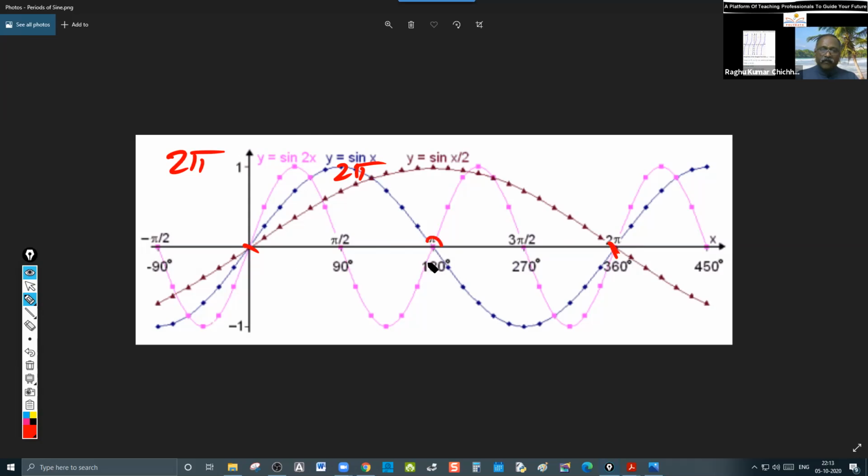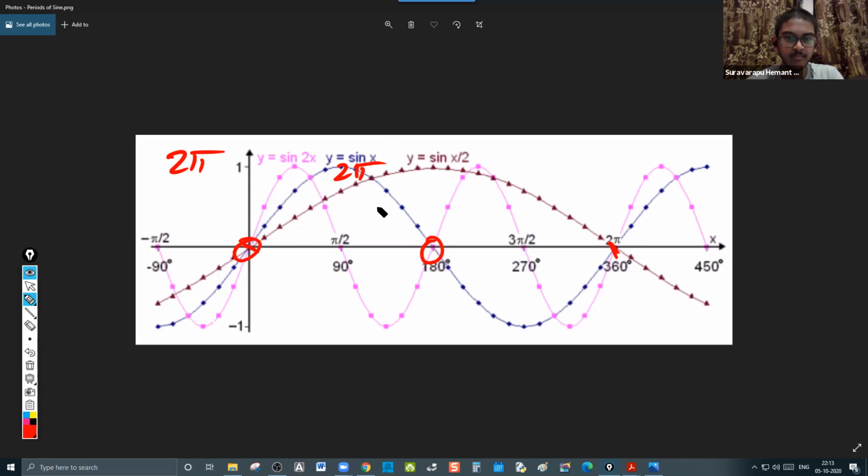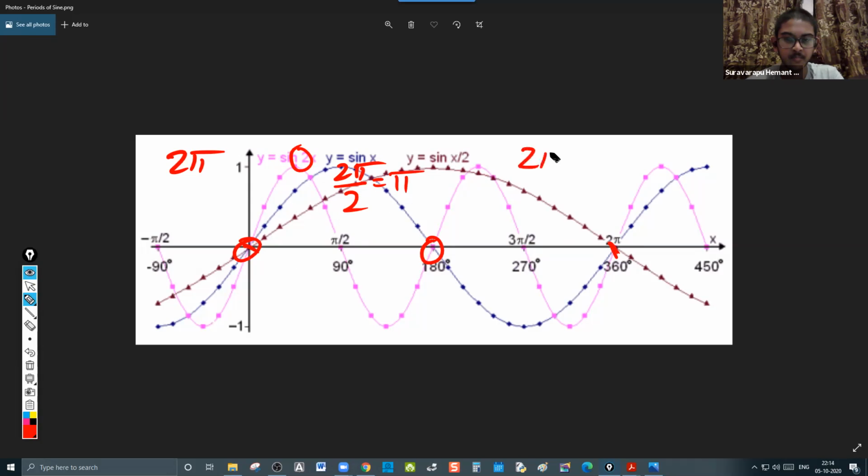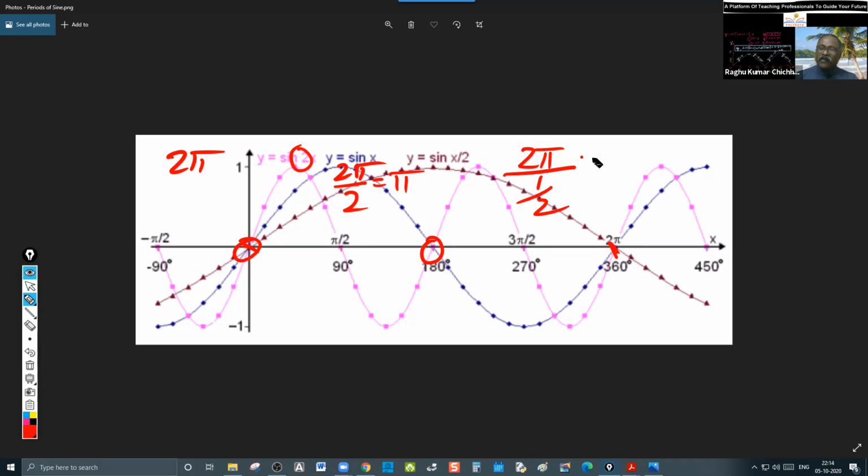It's pi. So what happens now, whatever the coefficient is there for x, you have to divide the fundamental period by that coefficient. So 2 pi by 2 gives you pi. Then if you observe sine x by 2, the period is 4 pi. So 2 pi divided by 1 by 2 is 4 pi. Like this it will be.